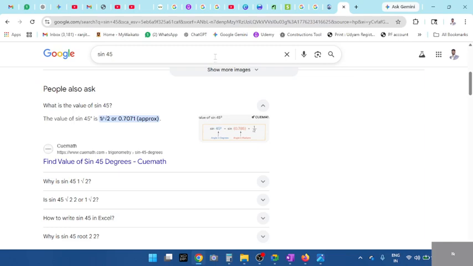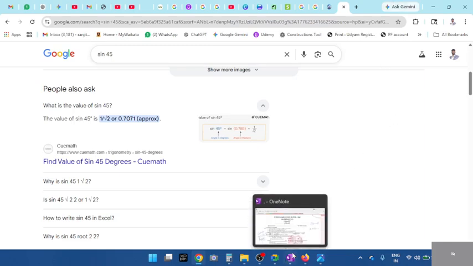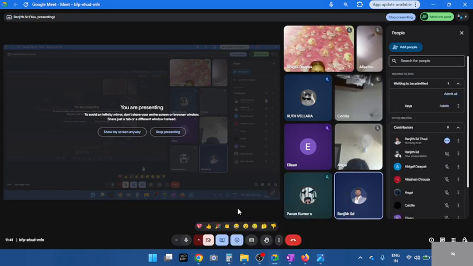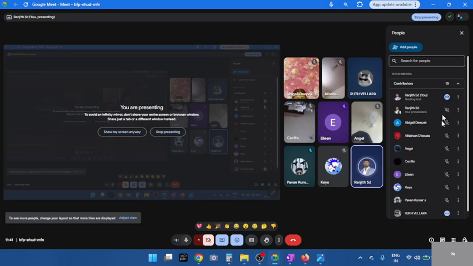Just check the last page. 0.707. Yeah, we usually take 1 by root 2, students. That is easier to calculate instead of 0.7071. Mostly they'll give you all the values. That's the reason you'll memorize only 30 to 90 degrees.